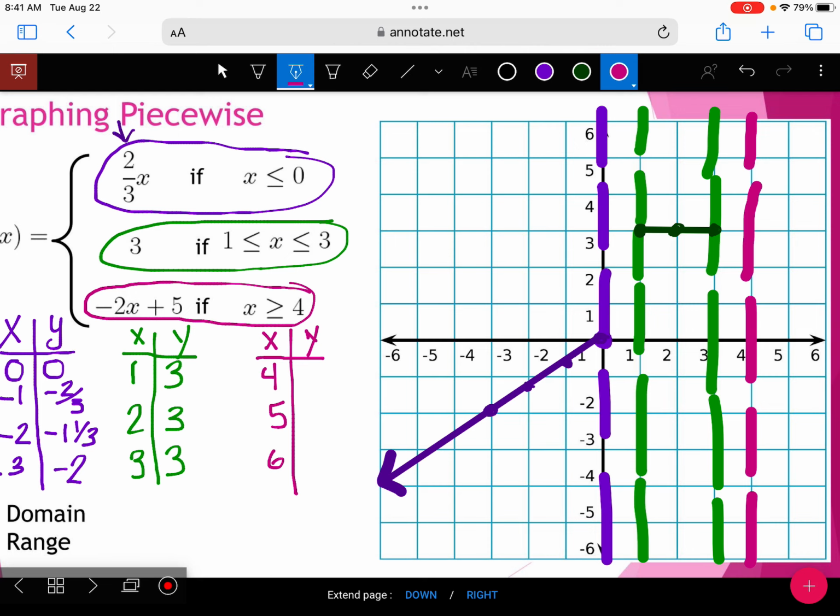-2 times 4 gives us -8. -8 plus 5 is -3. -2 times 5 is -10, plus 5 is -5. -2 times 6 plus 5 is -7.